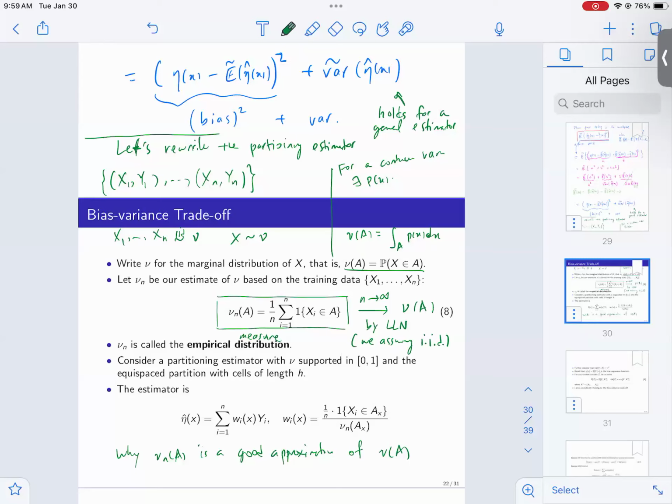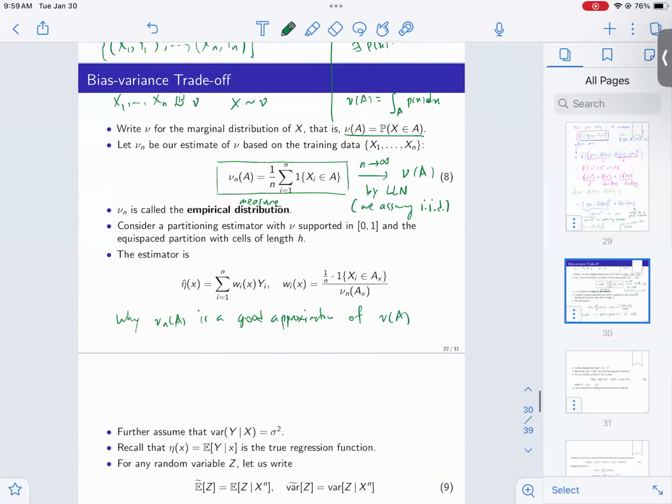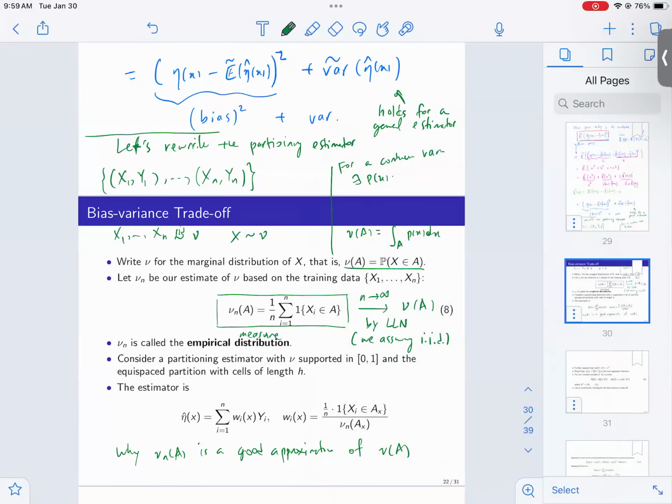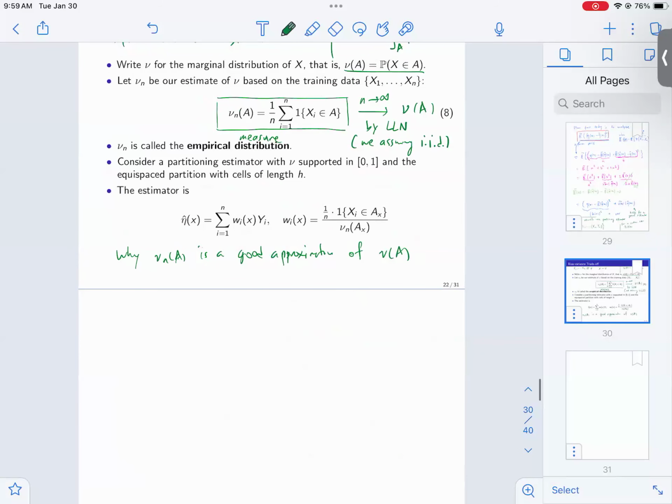Now, why did I introduce this? Because you can now write down this partitioning estimator in a very nice form. To remind you, we're going to work with one-dimensional x's, and I'm going to assume that all the xi's belong to [0, 1].